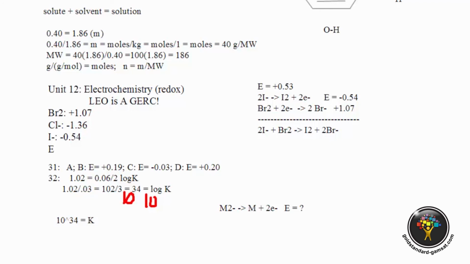For example, if M was negative 0.26, as long as N is positive 0.34, 0.34 and negative 0.26 makes positive 0.08. So spontaneously as written. Now, if M is positive 0.26, then you get 0.34 plus 0.26, which gives 0.60, positive as written. Either way, as long as N is positive, the reaction will occur spontaneously as written.